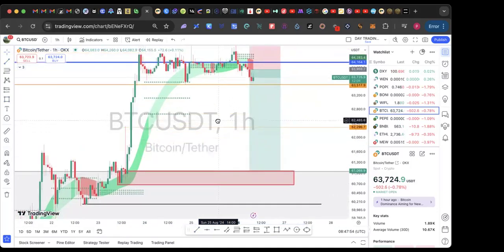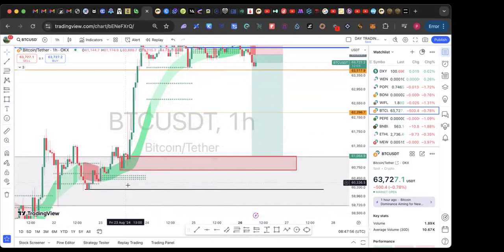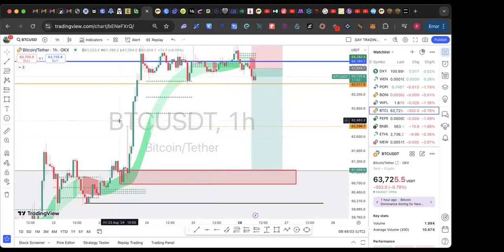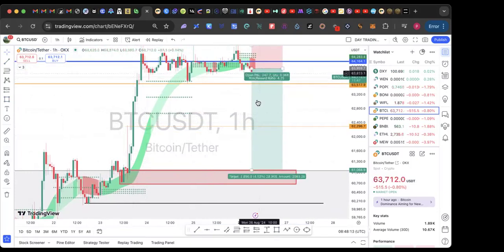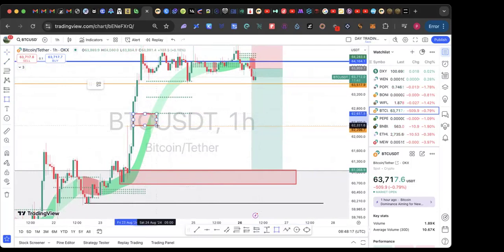So looking at Bitcoin, you expect it to return back here. And so look at it from here to here. This is like an FVG, right? That means you can invariably say, okay, Bitcoin gives and takes, it will come and take out this.